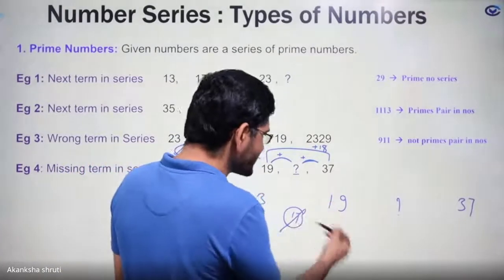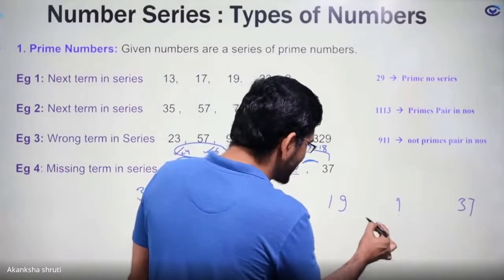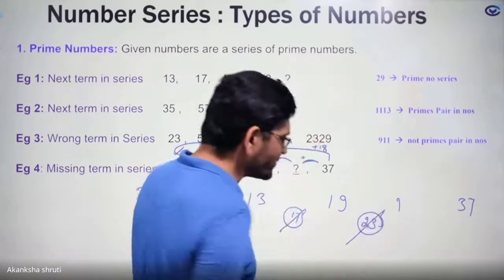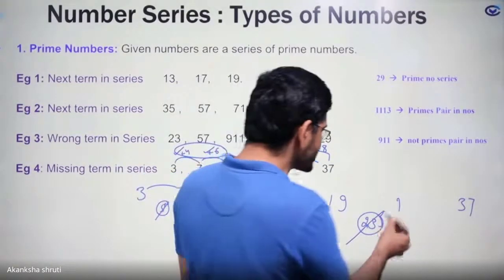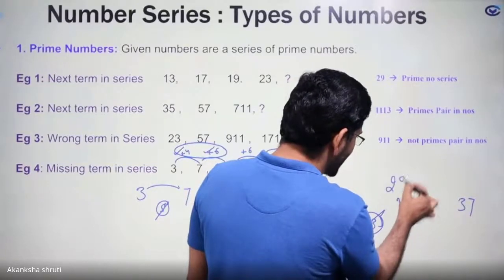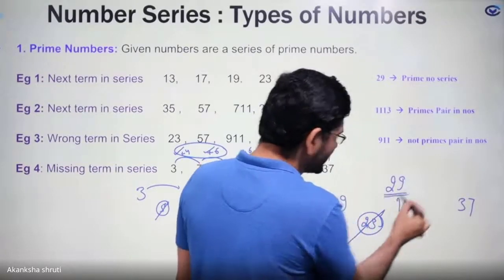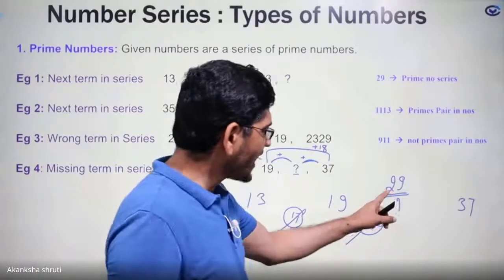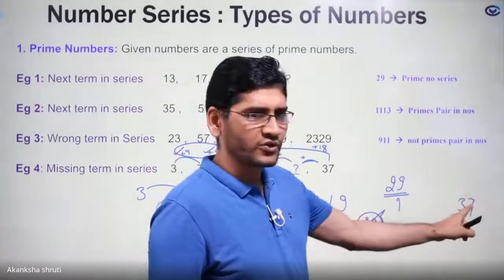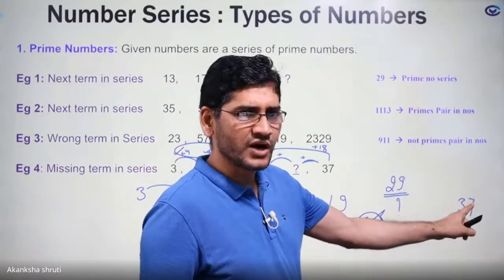Means after 19, the next prime is 23. But 23 needs to be skipped. The next to this 23 is 29. So 29 is to be taken. But by placing 29 here, whether it is going to follow the next term or not?